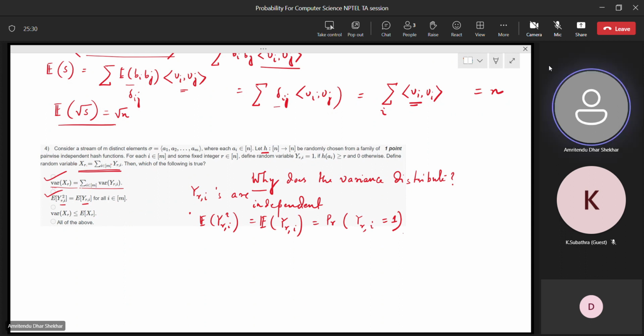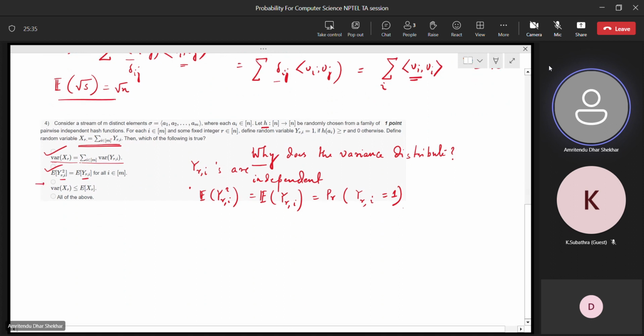I hope this third option is clear, right? You just need to solve this. What is the variance of X_r? This probability is uniform for each r, i. So you can call it p, because these Y_{r,i} are independent and identically distributed.